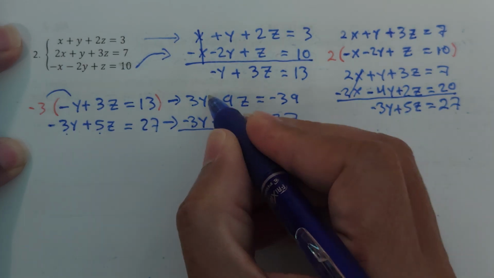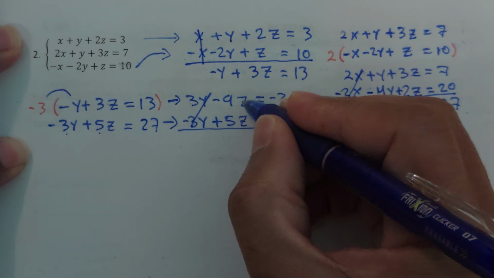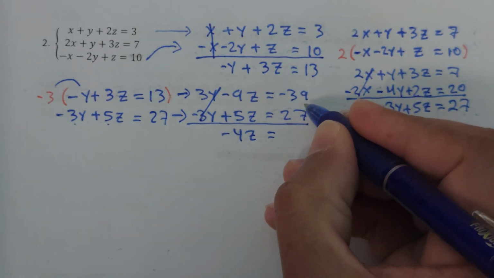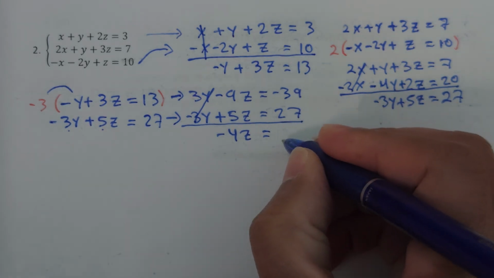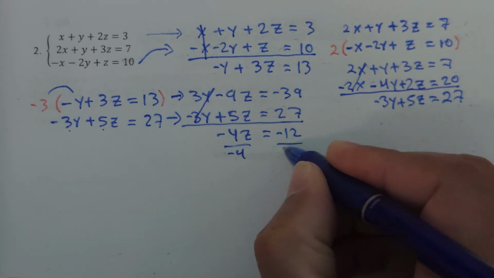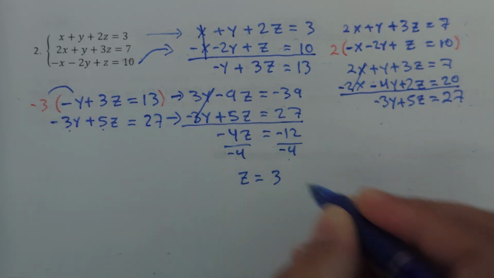And then as you can see, the y's are going to cancel or get eliminated. Now we have negative 9z plus 5z, that's negative 4z equals negative 39 plus 27, that's negative 12. And then we divide by negative 4. So then z is equal to positive 3.